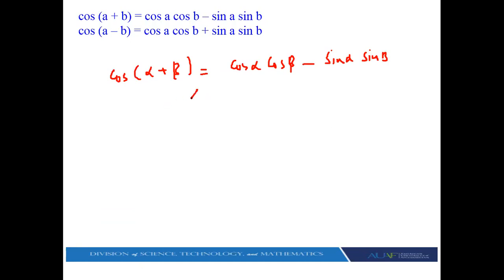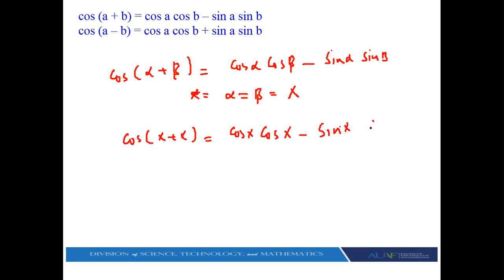If alpha and beta are both the same angle, like 30 degrees, 40 degrees or 50 degrees, let's suppose equal to x, we can write cosine of x plus x equal to cosine x cosine x minus sine x sine x.